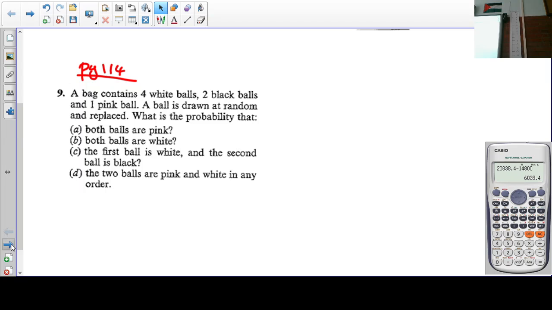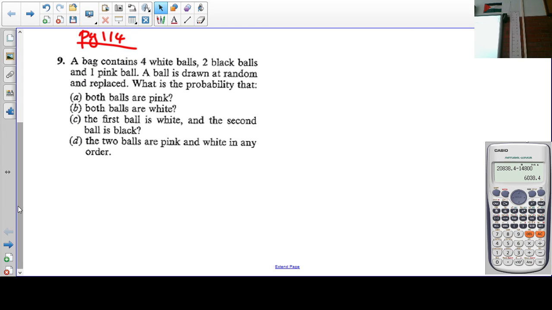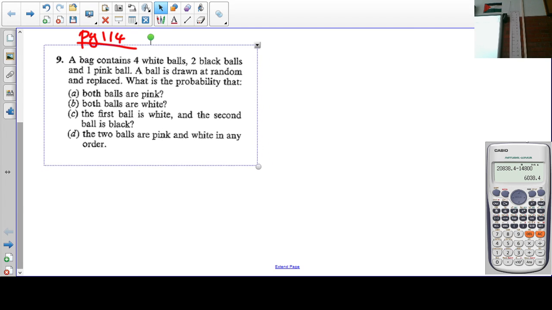So we are told that a bag contains 4 white balls, 2 black balls, and 1 pink ball. How many balls do we have in total in this bag? There are 7 balls in total.